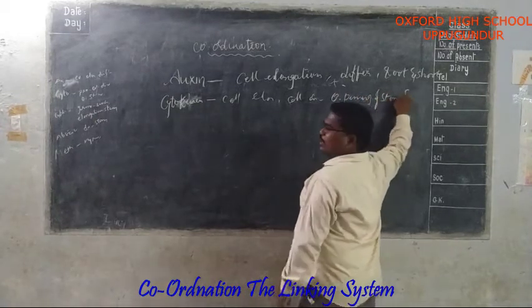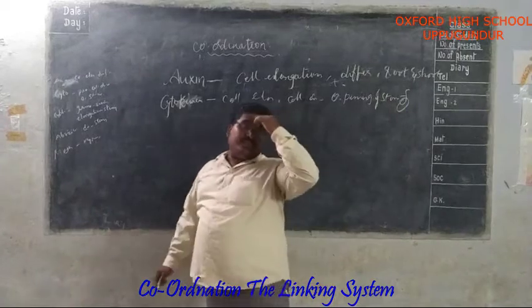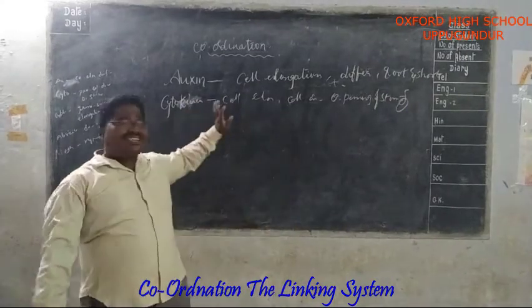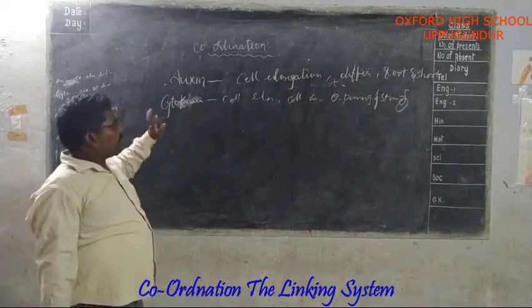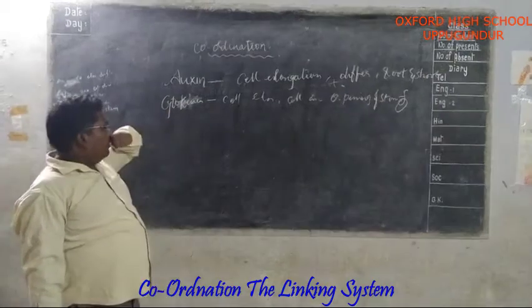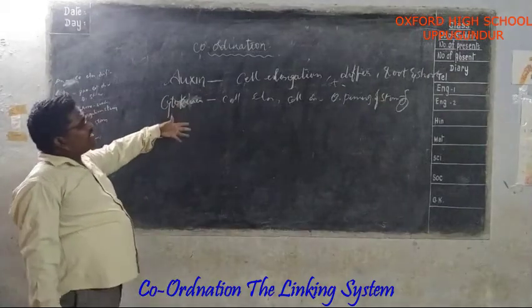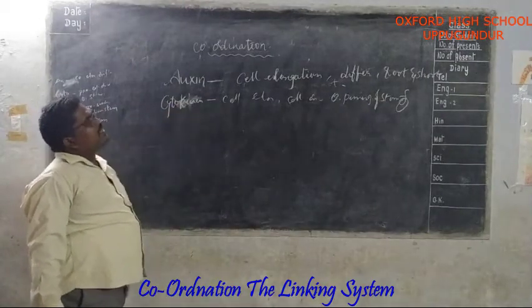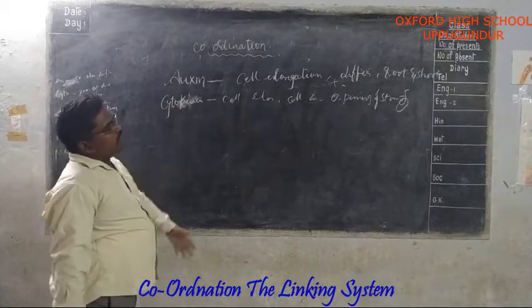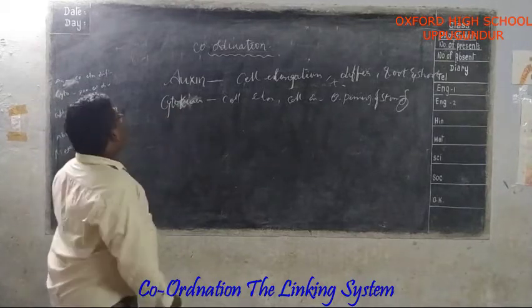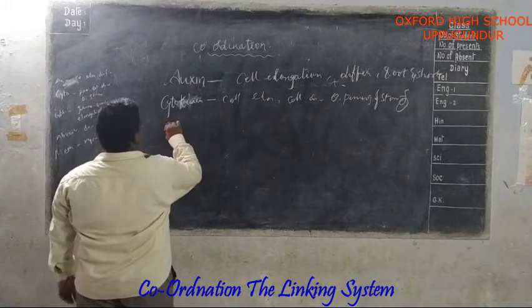I am explaining a few points about it, dear students. You can follow your textbooks. Auxins and cytokinins encourage, that means provide, cell elongation, cell division, and opening of stomata.